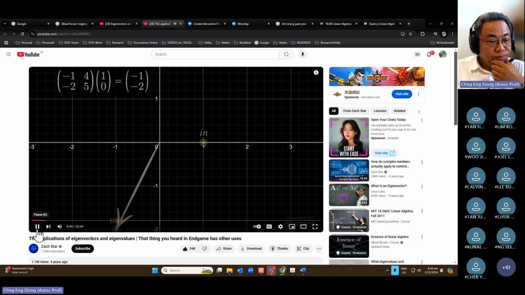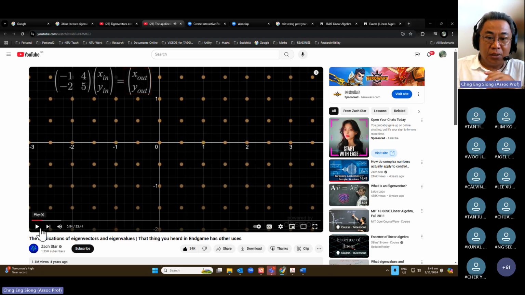That's usually what happens. Put a random vector in here, and the output vector will likely have a different length and angle. In fact, I'll put a bunch of random input vectors on the screen. Now he's going to show you that my x in, y in can be any of these points now. Of course, because we just want to show you as points.